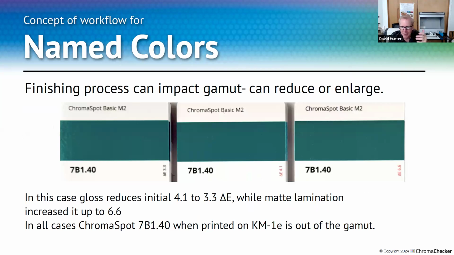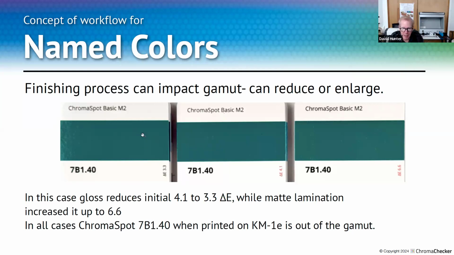Coating can enhance the color, so it can actually increase the chroma or the vividness of the color, or it can decrease. So here's a scenario where we've got the same color on 3 different chipbooks with 3 different coatings, and you can see the gloss reduced. The middle is the unfinished. The one on the left is the gloss.